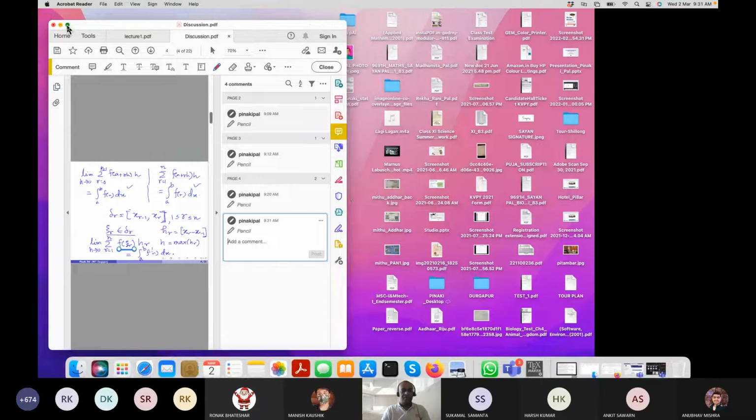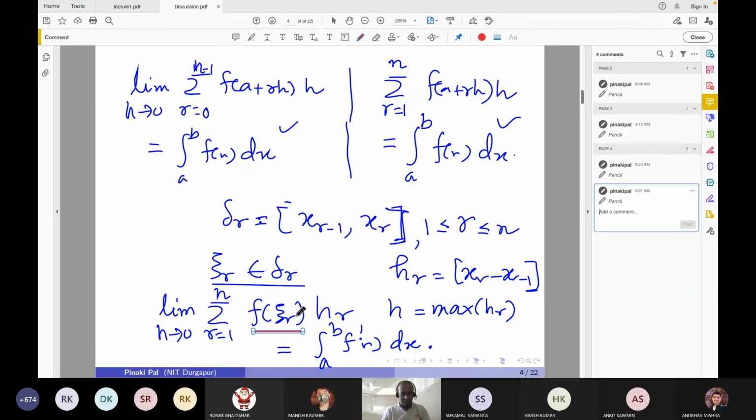Okay. So you look at this definition. From the rth subinterval, we considered a point xi r, and there we have evaluated the value of that function. That was a scalar function, and then that value is multiplied by the width of the subinterval.